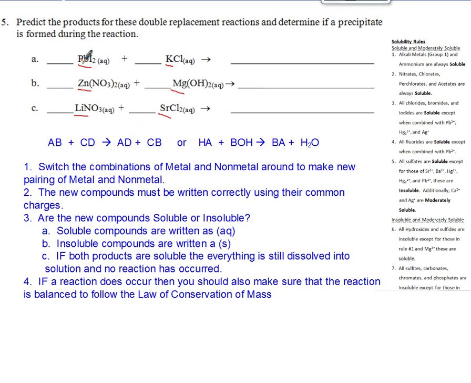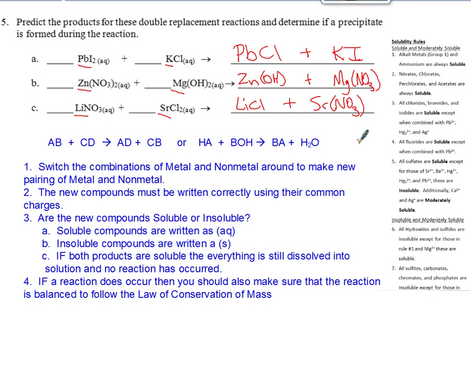So the lead and the chlorine come together. And then the potassium and the iodine. The zinc and the hydroxide, the magnesium and the nitrate, the lithium and the chlorine, and the strontium and the nitrate.